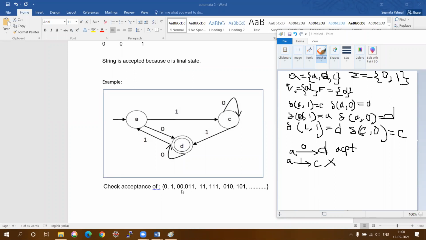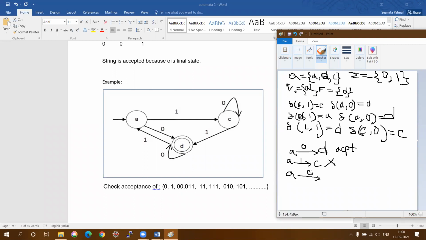Then another string we will take, that is 0, 0. The initial state is A. Then my string is 0, 0, right? So I am giving 0 here. From A, if you use input 0, it will go to state D. So I'm writing D. The first 0 is processed.